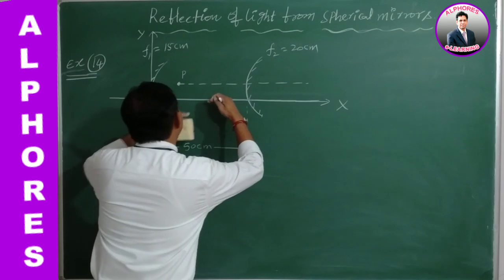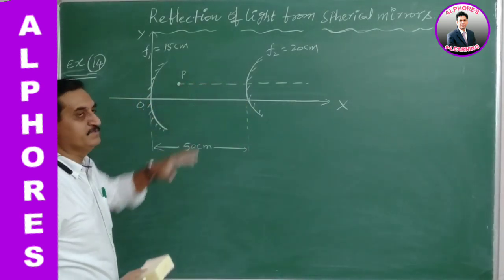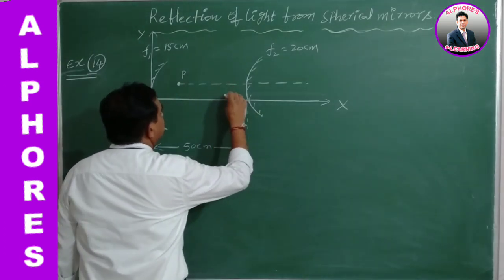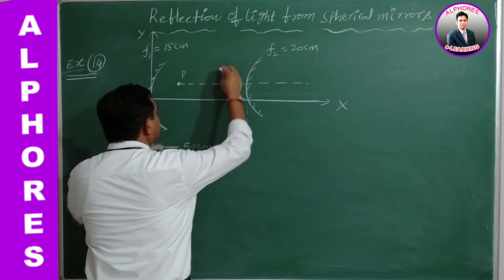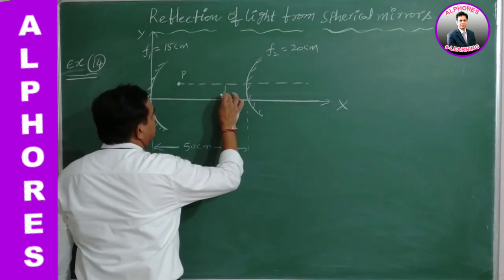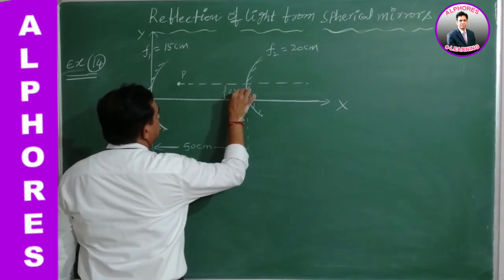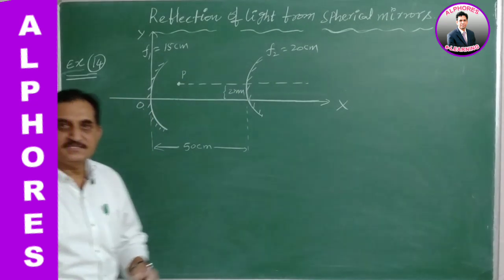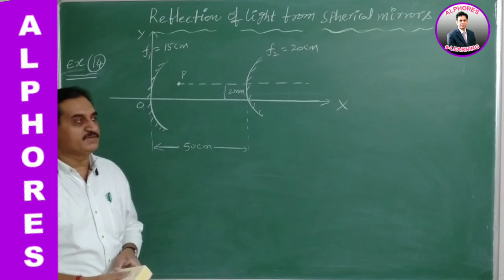How much difference is there between these two principal axes of the concave mirror and the convex mirror? They are slightly moved parallel to themselves in such a way that their separation is 2 millimeters.